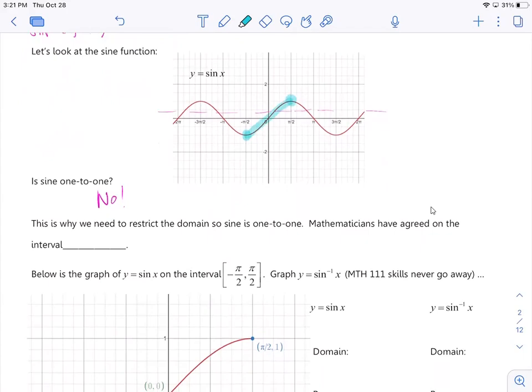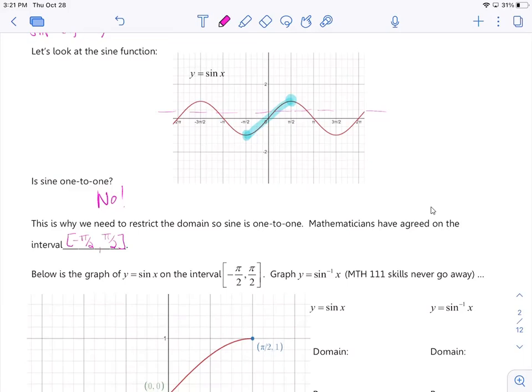Because then they're hitting those low points, they're hitting the midline, they're hitting the high points and all the points in between. We wouldn't want to look at, like, just from here to here, because then we're not going to get all of the outputs. So that's why they decided it's going to be from negative pi over 2 to pi over 2.